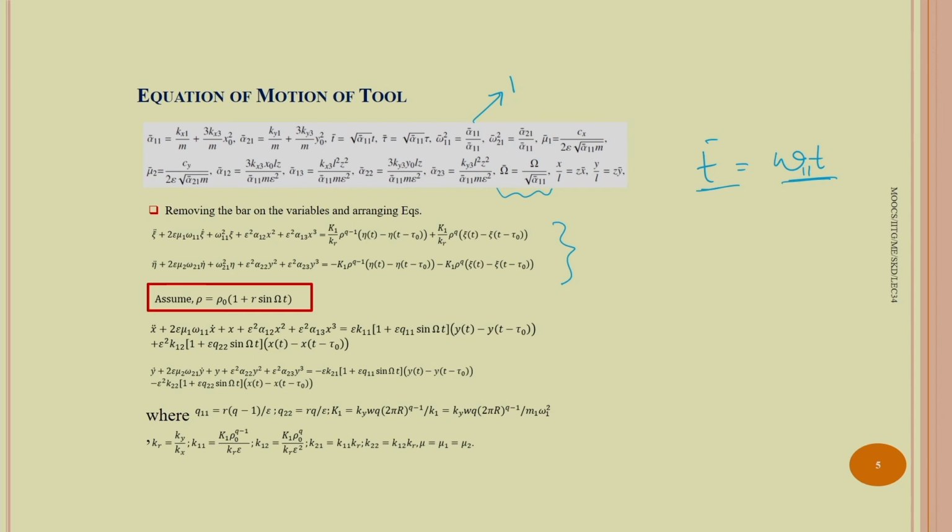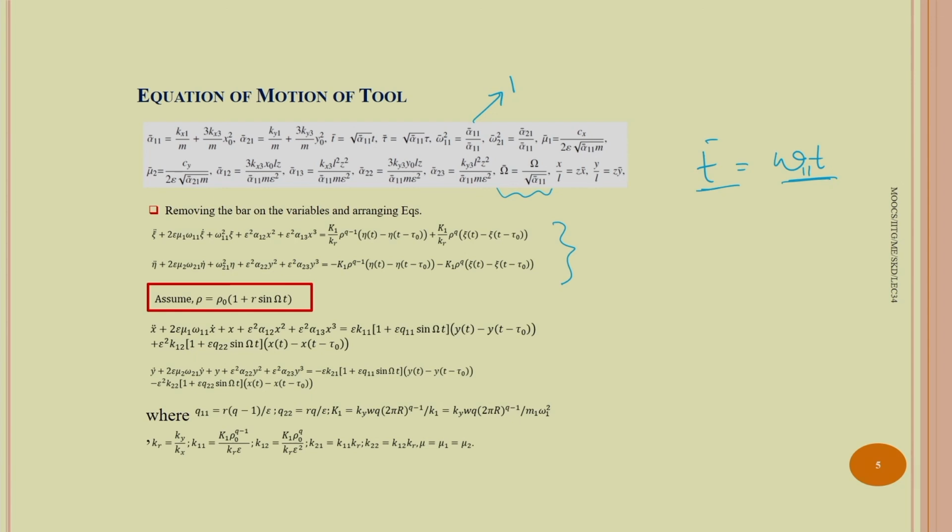So, our equation now reduces to zeta double dot plus 2 epsilon mu 1 omega 1 1 zeta dot plus omega 1 1 square zeta plus epsilon square alpha 1 2 zeta square plus epsilon square alpha 1 3 zeta cube equal to k 1 by k r rho to the power q minus 1 into eta at t minus tau, plus k 1 by k r rho to the power q zeta at t minus tau 0.